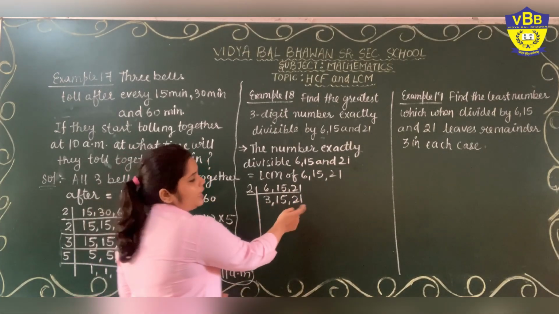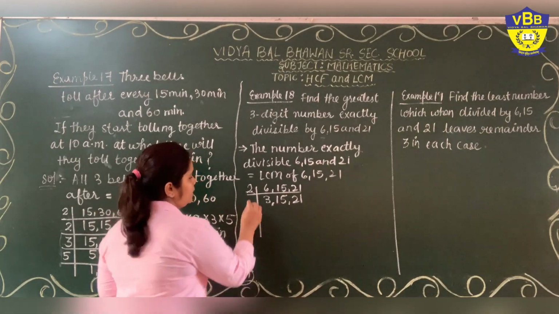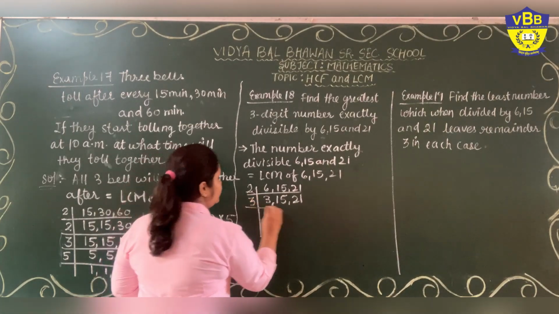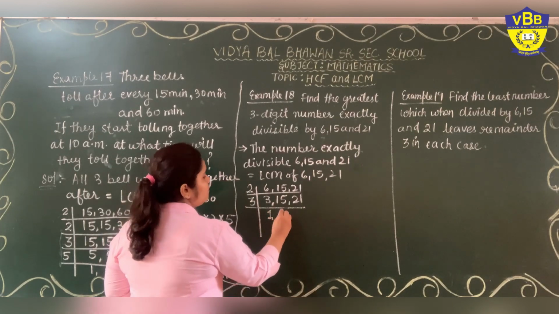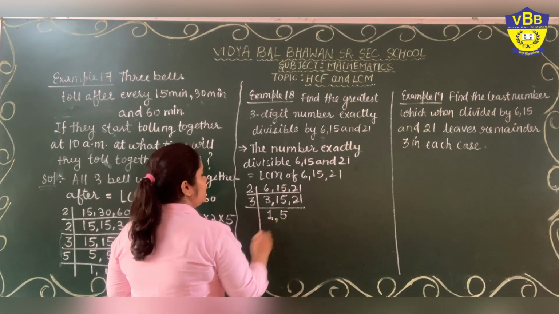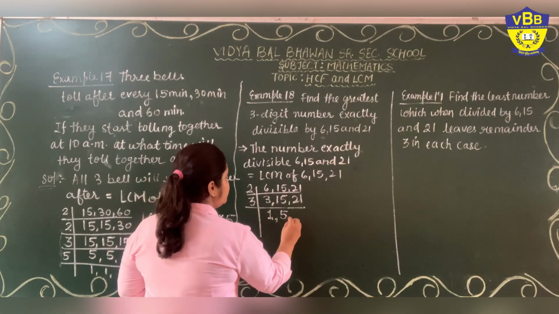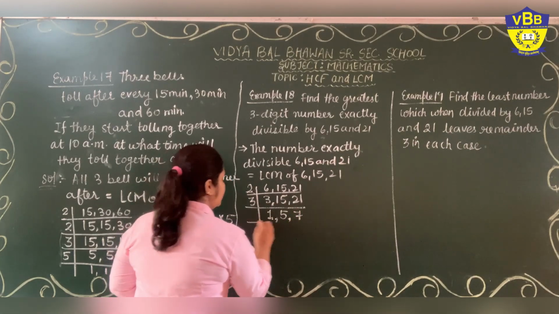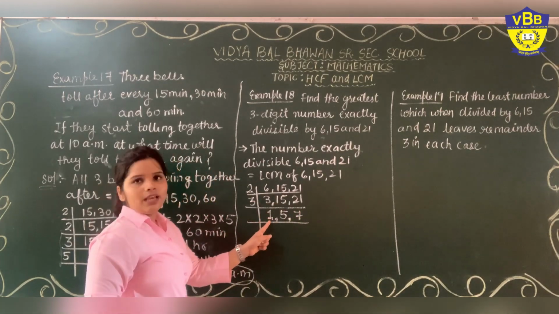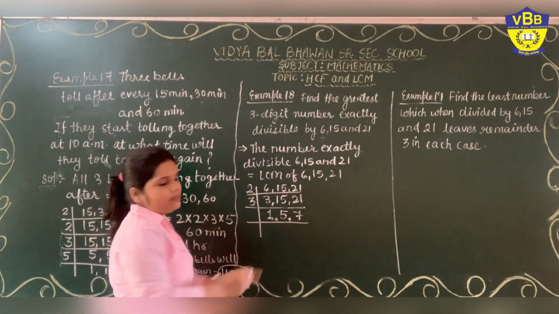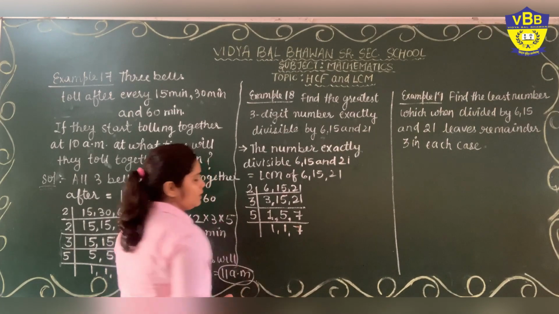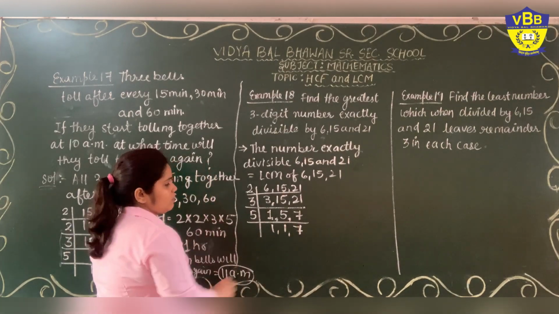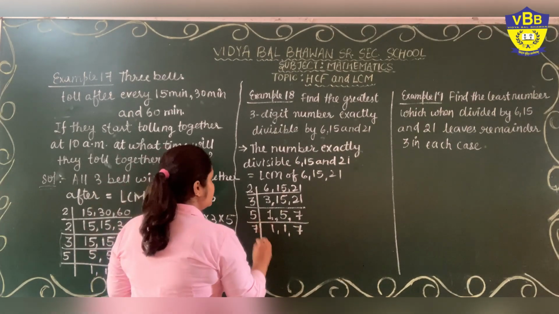Now 3, 15 and 21, no one is divisible by 2. So write the next prime number, that is 3. 3 is divisible by 3, 15 is divisible by 3 giving 5, and 21 is also divisible by 3, 7 times. This one is done. 5 is divisible by 5 only. So this will be written like this. Now, 7 is divisible by 7 only.